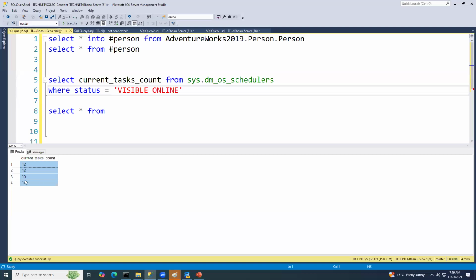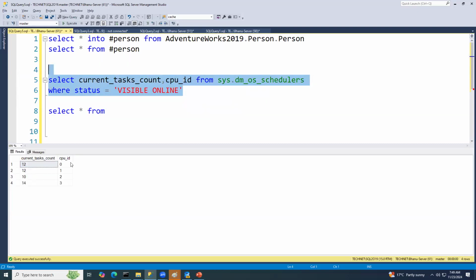You have 12 tasks assigned for one CPU. If I go back here to the CPU ID, we assign 12 tasks. As I told you earlier, a task is basically assigned to a thread to execute. CPU 1 is assigned 12 threads or 12 tasks, and CPU 2 with 10, depending on the completion of execution.